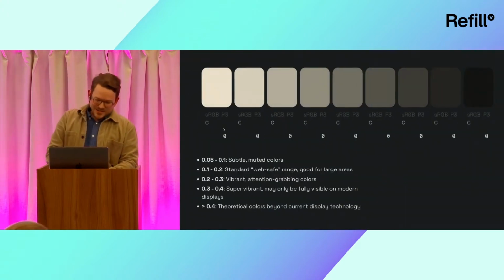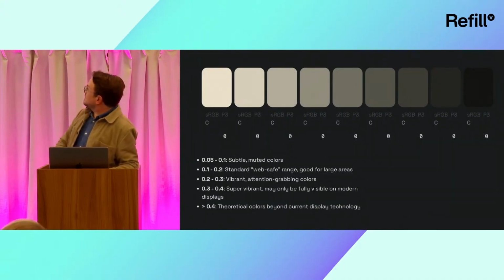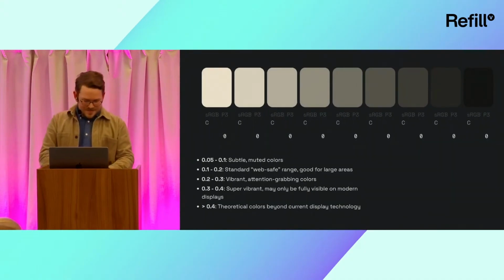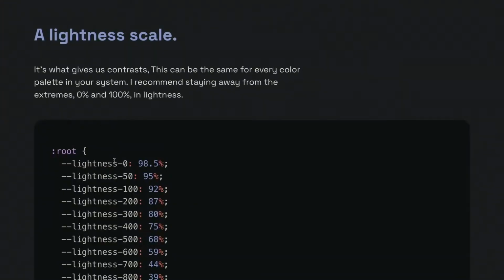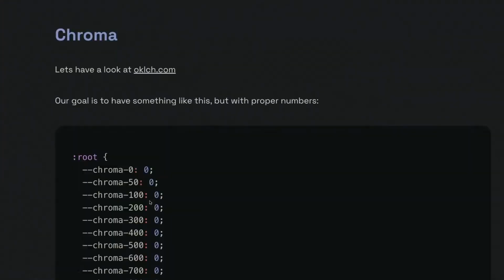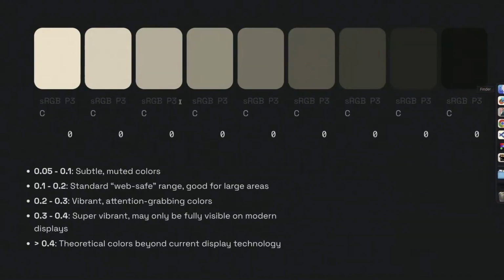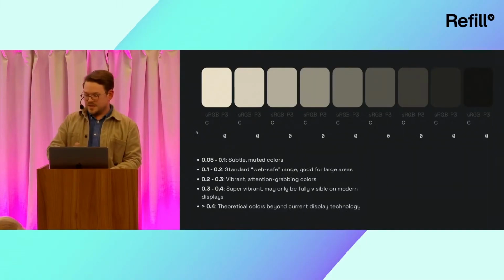So yeah, let's try to make a scale then. We're using the same scale as here, just put into boxes. This would be a representation of what it would look like if there's no chroma, because we haven't added any colors yet.